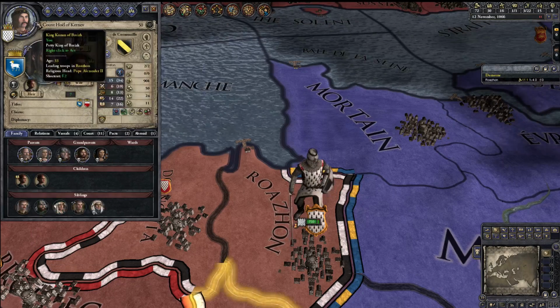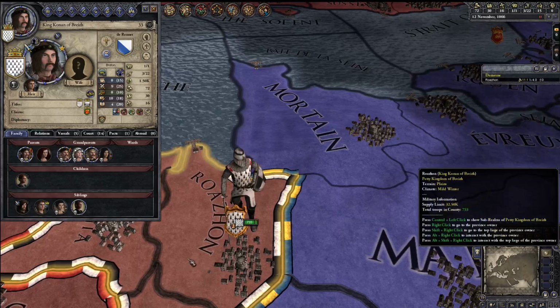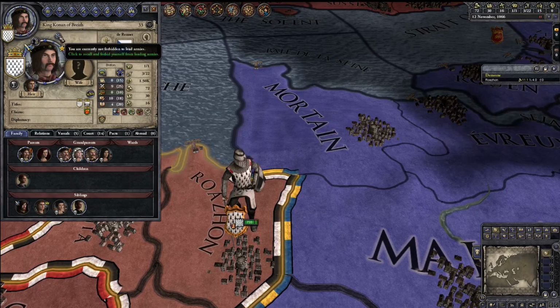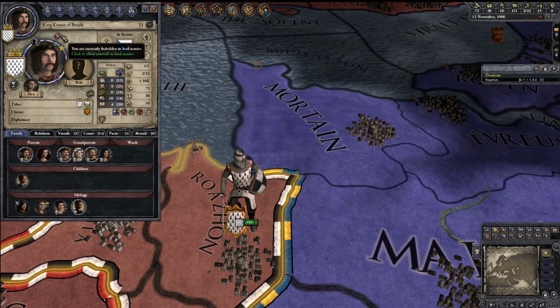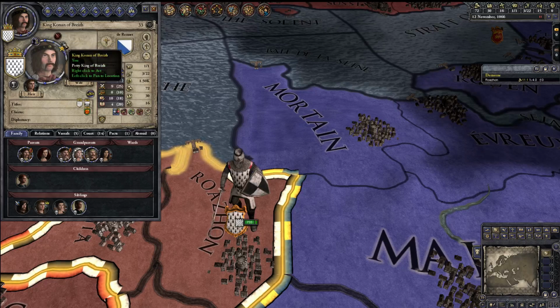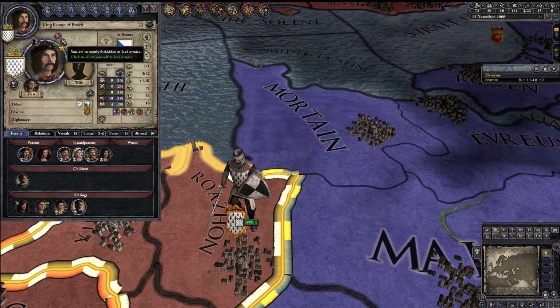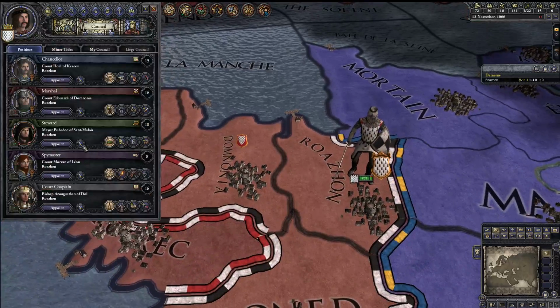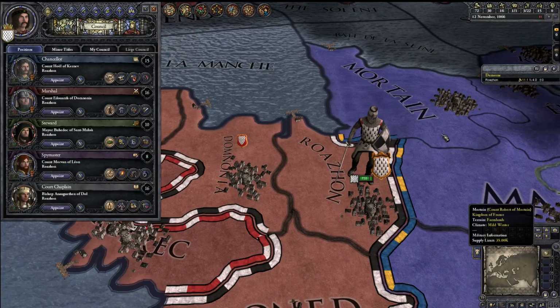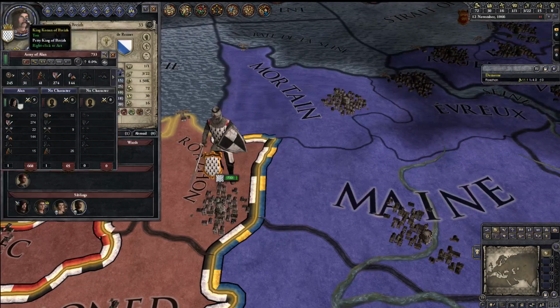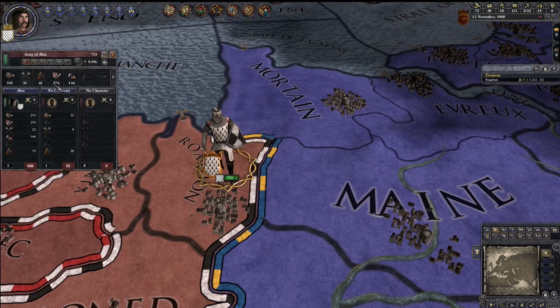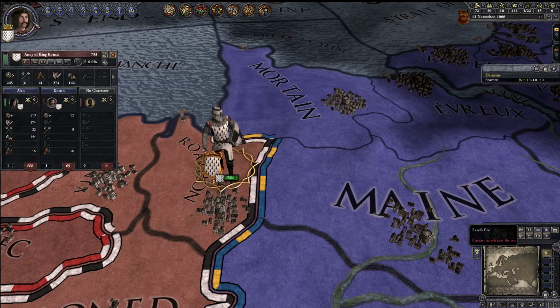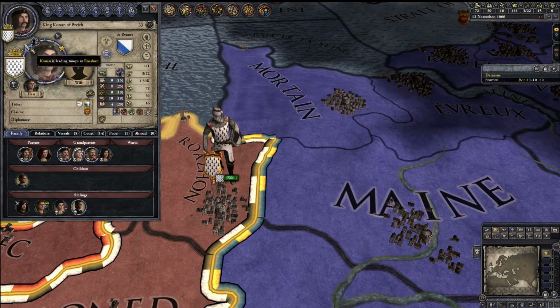So we probably don't want to lead troops and risk dying right now. So if we do that, we would click here and we would be forbidden to lead armies. This you can do for any character, and you can also do it for your council members. One thing to know though is, let's put ourselves back in charge, there we go.